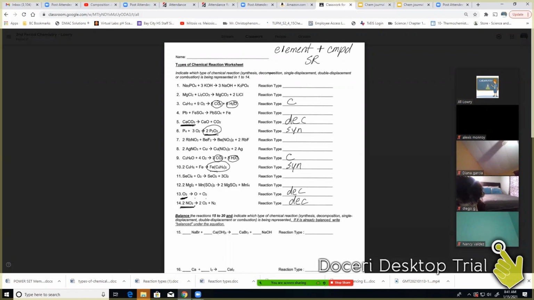So for instance, if you look at number 4, exactly. Here's my compound. Here's my element by itself. If you notice, that element kicked that iron out and exchanged places. So that would be a single replacement. You can just put SR.